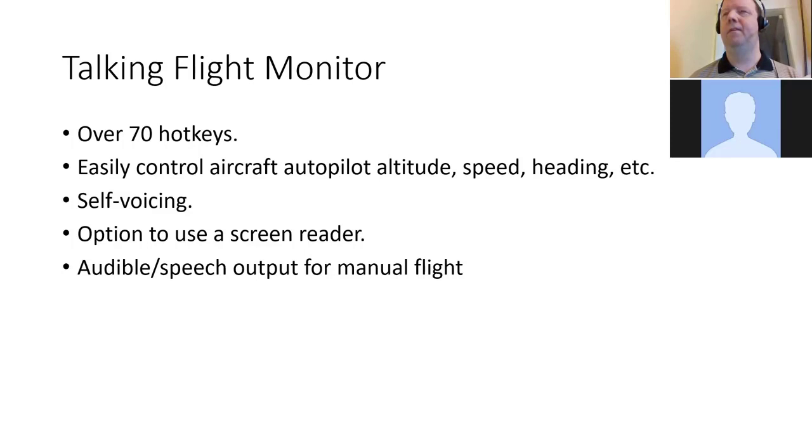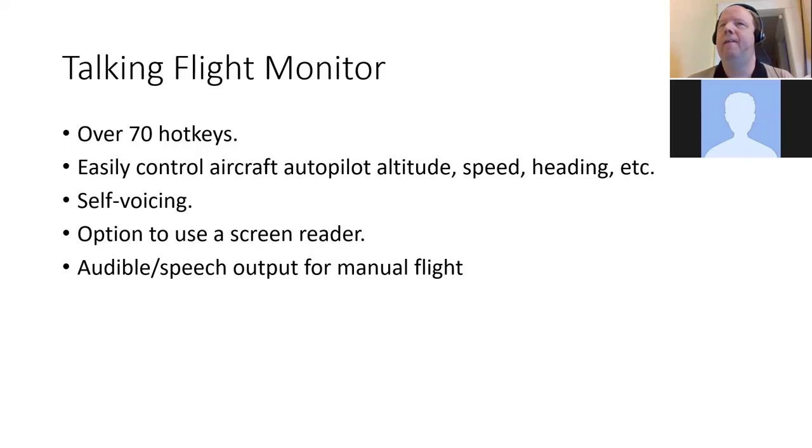Another feature is TFM is self-voicing, which means it puts out speech by itself without the use of a screen reader. This will provide a fail-safe so the user does not lose control of the system even when their accessibility features on their system fail. It prevents critical information from getting lost.